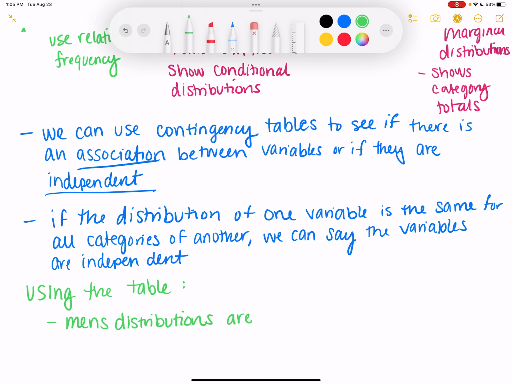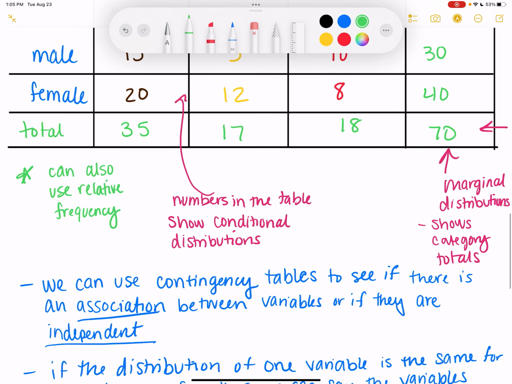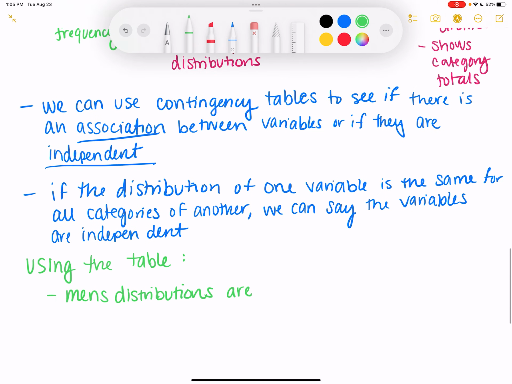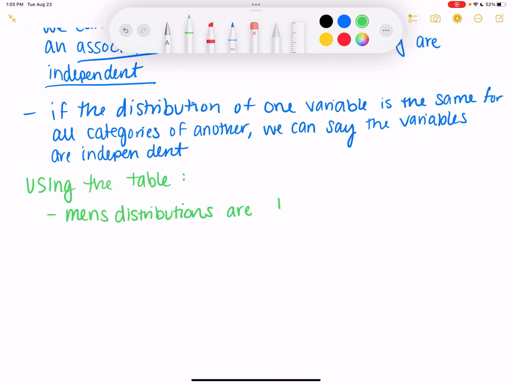And so we're looking at the total number of men. The total number of men is 30. So we're going to look at 15 out of 30, 5 out of 30, and 10 out of 30. We'll look at what those percentages are in a minute, so we'll get calculators to actually look at them.